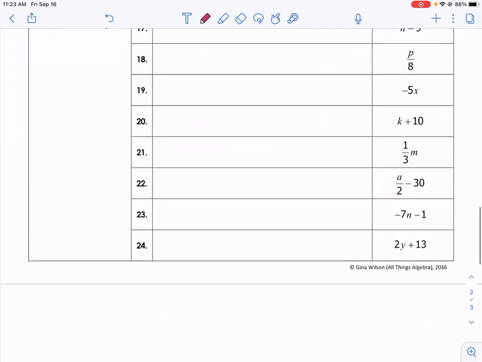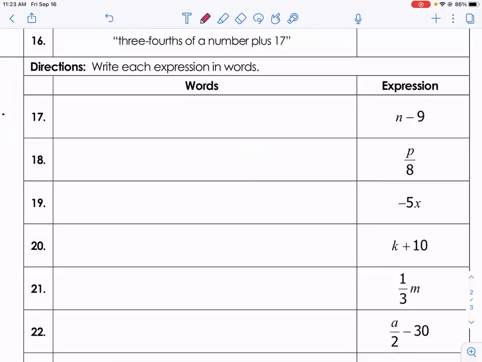So like, n minus 9. Raise your hand if you have a way that you want to write n minus 9. Okay, that's the subtraction we're gonna have to be careful with. A number subtracted. So that's that. Both of those are backwards way.